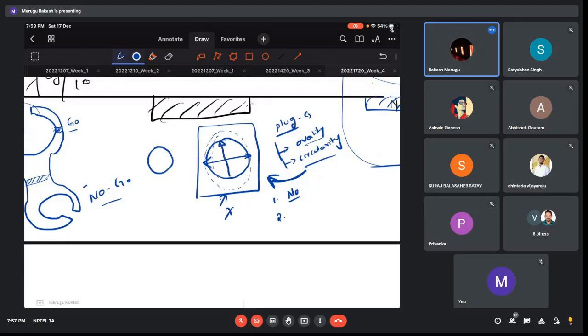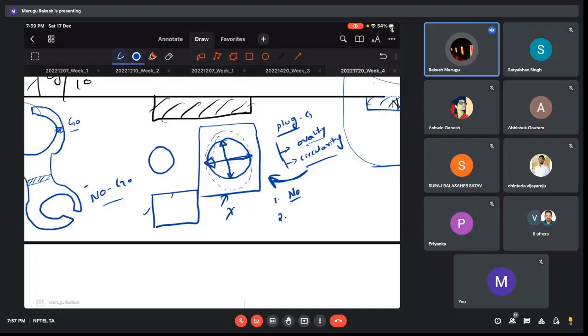So we keep two needles and check both the sides to check these dimensions. Also, if you have a square shape, you have to check two times by rotating the gauge and check two sides.